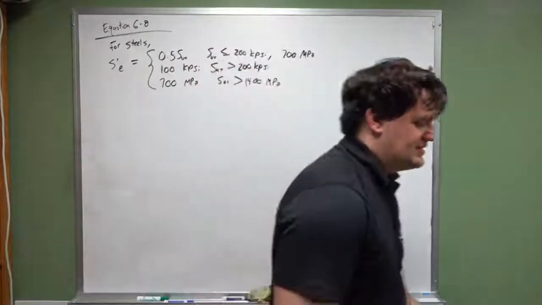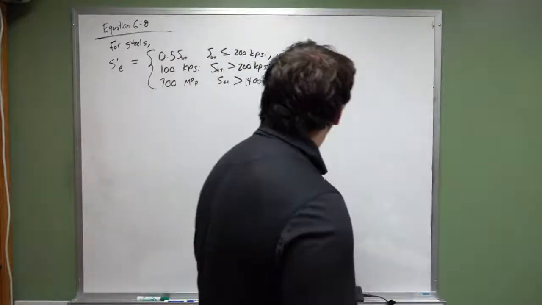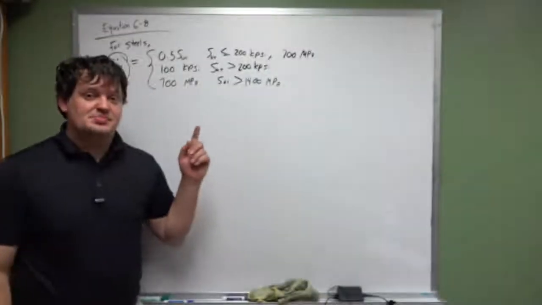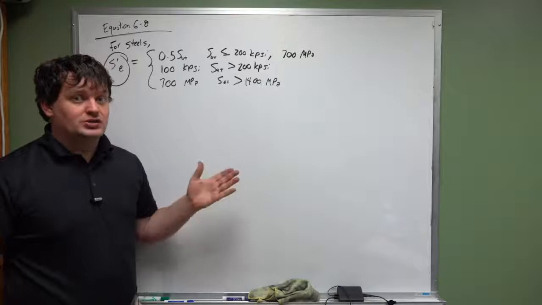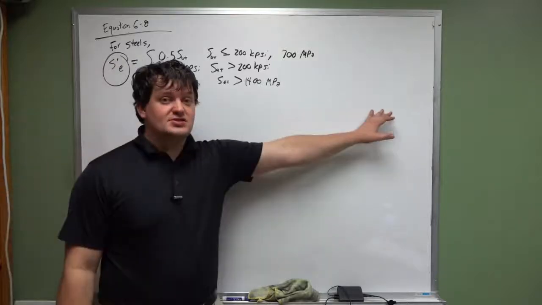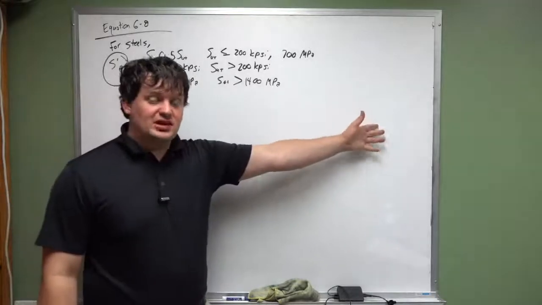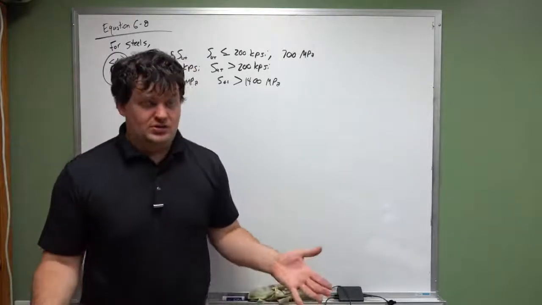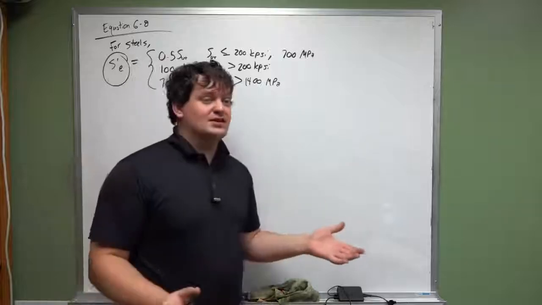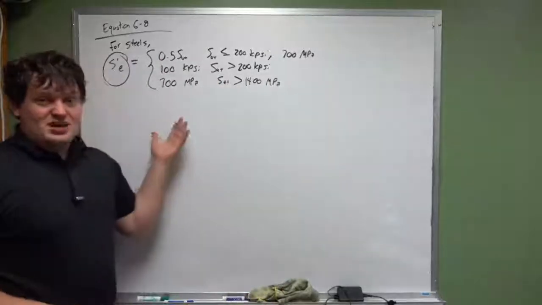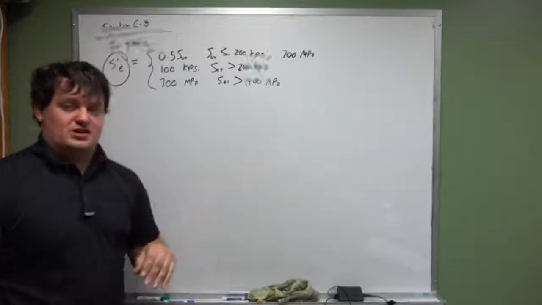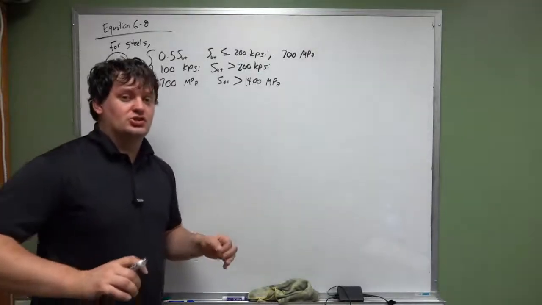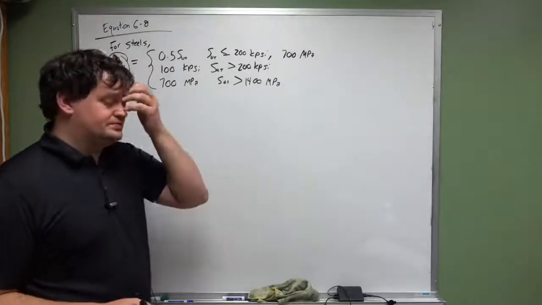All right, so what does this tell you? Well, this right here, again, this value does not depend on the loading conditions. As we just discussed over here, the endurance limit depends on loading. We have to know the number of cycles. We have to know how it's being loaded. And if we don't know those two things, what does this even mean? Well, this is a starting variable. Okay? This is a variable that we're going to use in an equation to figure out our endurance limit.